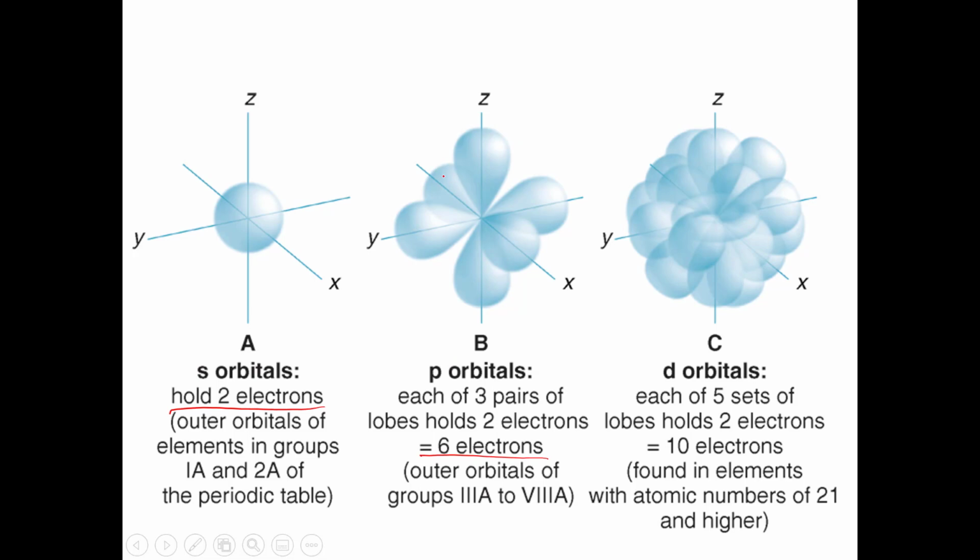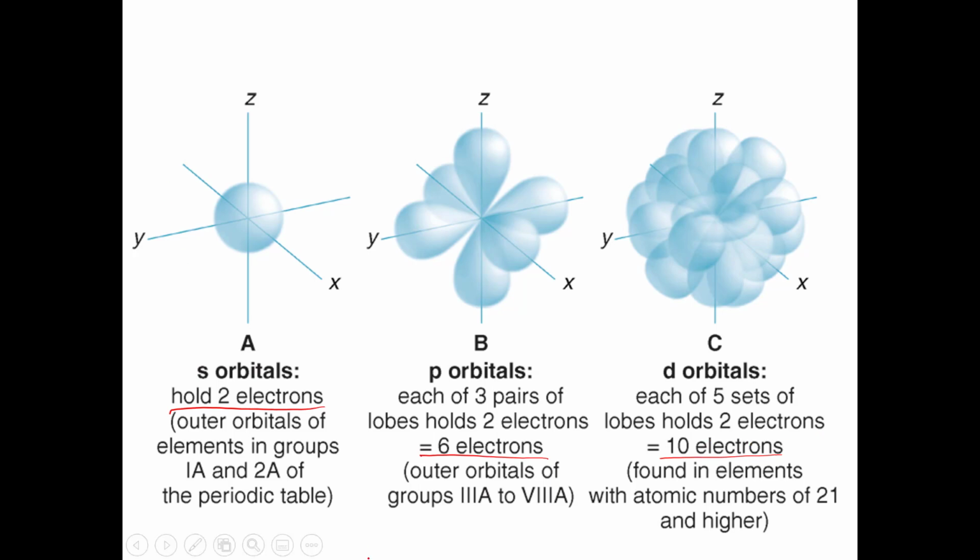Then 2, 4, 6 electrons. The d orbital can hold 10 electrons, and is really complex. This d orbital has 5 lobes, and each lobe can hold 2 electrons. Then 5 times 2 is 10. The maximum the d orbital can hold is 10 electrons.